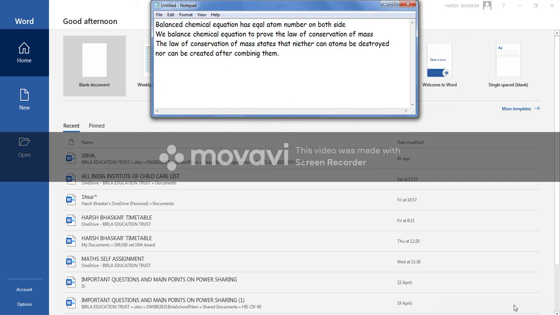Okay, so this is what the law of conservation of mass is, what a balanced equation is, and why we balance chemical equations.